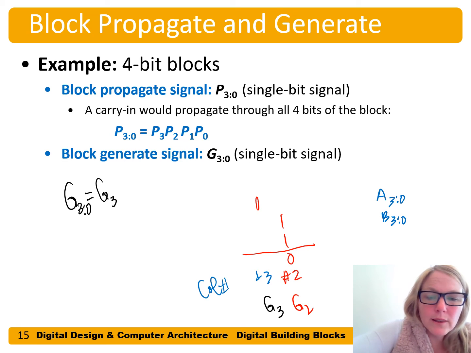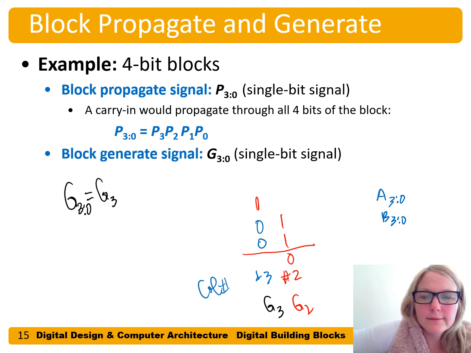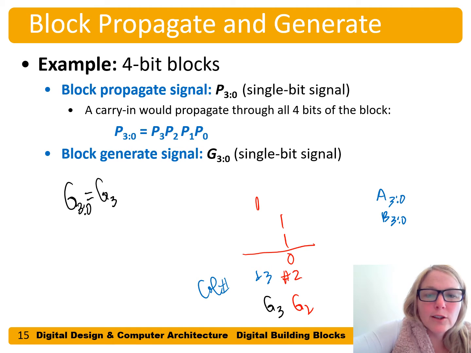But what if column 3 were like that? That's not going to make that entire block generate a carry within itself. Column 3 would have to propagate it. So now we're talking about our propagate signal, 0, 1, 1, 0, or 1, 1. Right, those are our options.